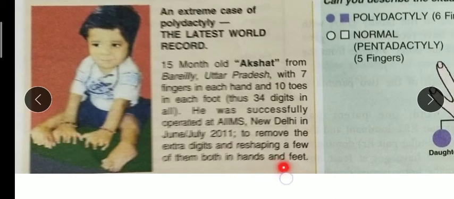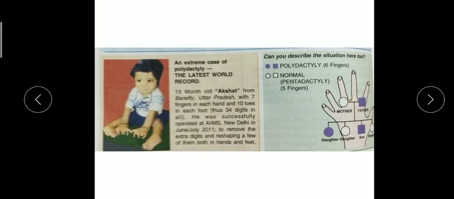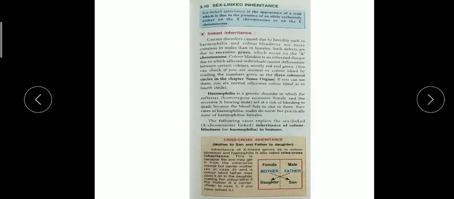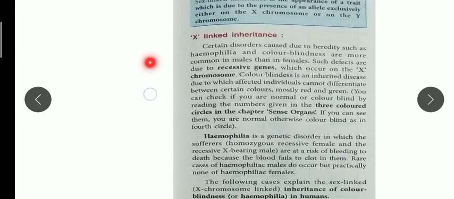So they reshaped his hand and feet also. One example is given. A recent photo after the surgery has not been given.